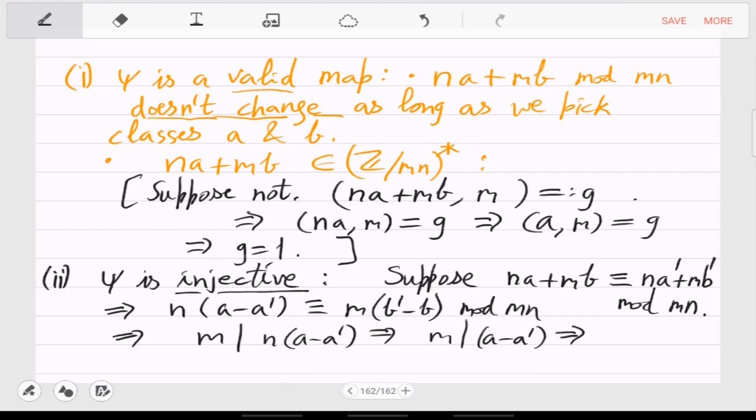Yeah, which means that a and a prime are the same residue class, and similarly b and b prime are the same residue class. So symmetrically, and then combining them, you learn that actually a comma b and a prime b prime were the same to begin with. Okay, they are the same element in the Cartesian product.